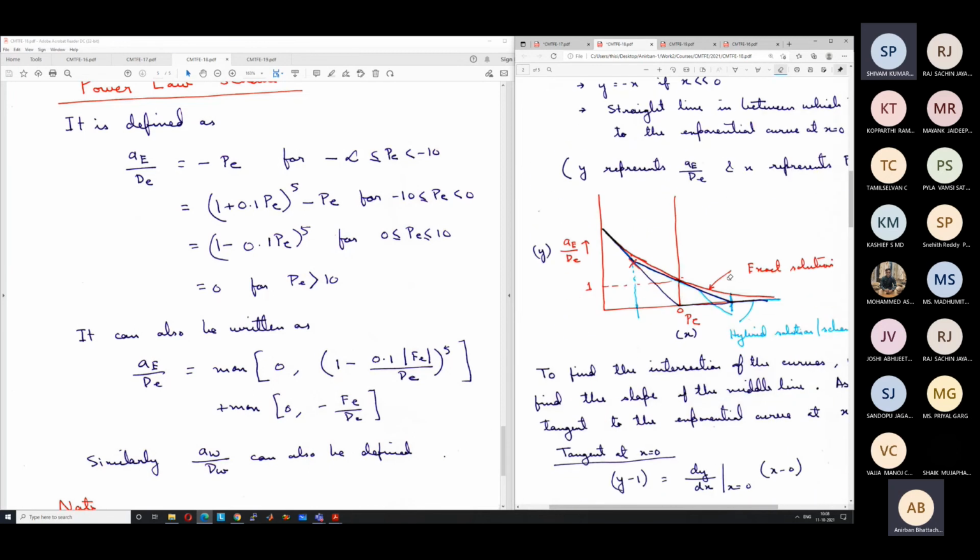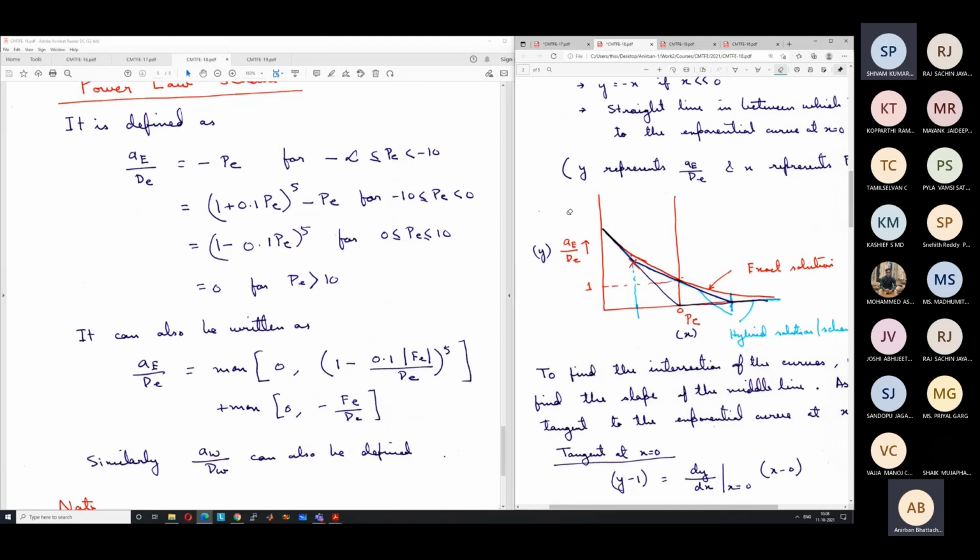Red color is the exact solution. If we take A by D to be minus P, we have seen that the limit is minus P for very large negative values. So near minus infinity, we will still take it as minus P because that is the correct solution.